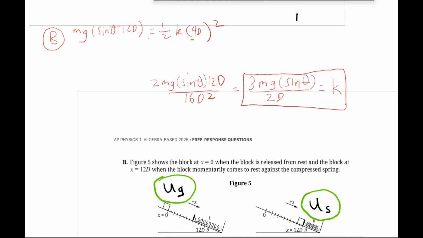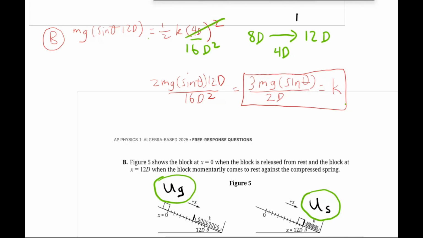Okay, now I put 4d because remember it started to contact the spring at 8d, and then it came to rest at 12d. So the amount of compression was a distance of 4d. So when you square that, that becomes 16d squared.